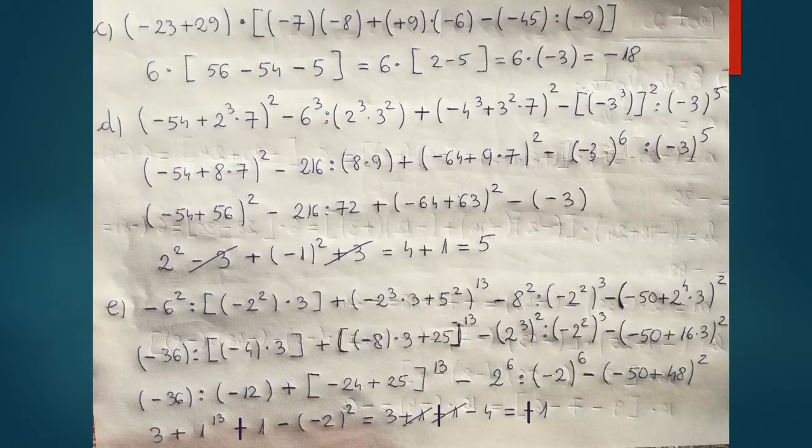So we have 6 times 56 minus 54 minus 5, which is equal to 6 times 2 minus 5, which is equal to 6 times minus 3, which is equal to minus 18.